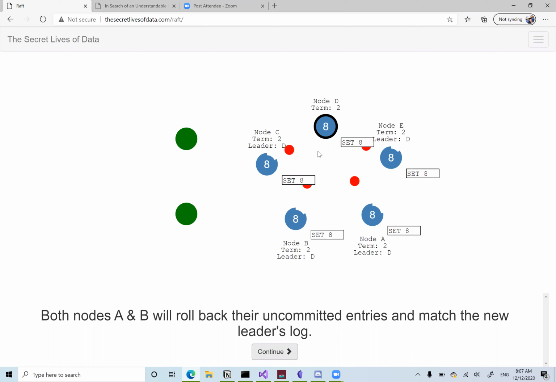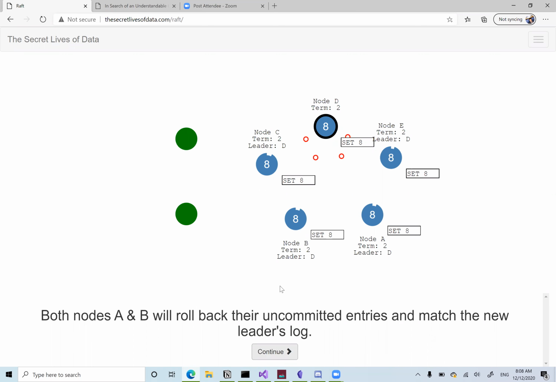Whenever the leader is updated, that IP address is updated. So when there was a network partition, this node thought that IP address was node B's, and it was talking to node B because it thought that was the leader. But when the network partition was healed, that IP address was updated to node D's IP address, so now it started talking to node D.